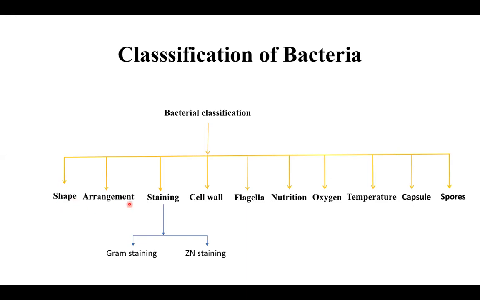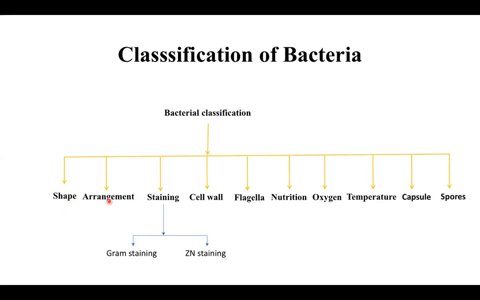Similarly, another criterion for the classification of bacteria is based on their arrangement. Some of the bacteria found in nature appear in a grape-like cluster in gram staining.